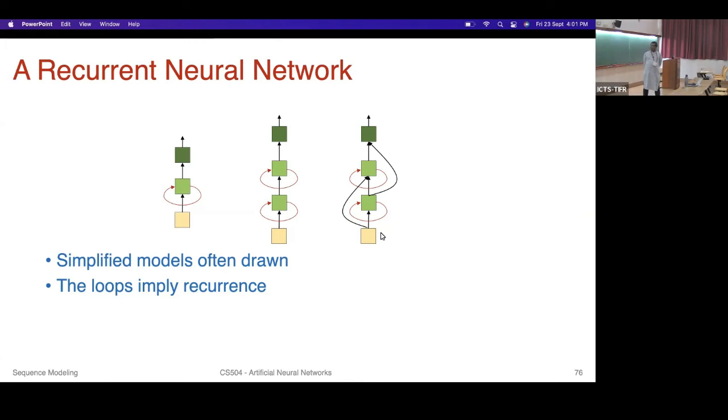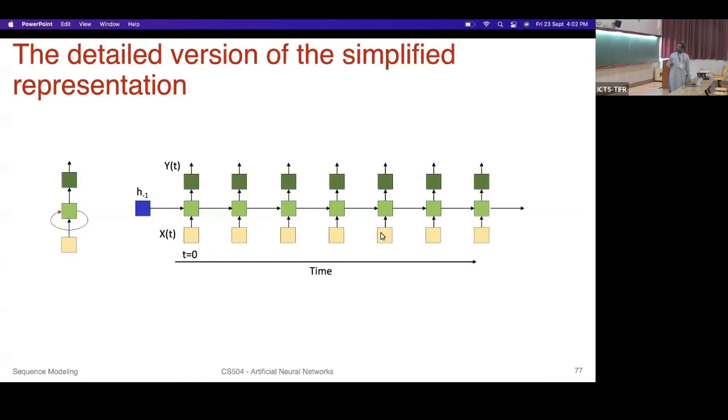So these models that I have drawn here have these loops, and these loops imply the recurrence relation which exists in that network. What does that mean? I can unroll this network over time, and I can show you how this will look.